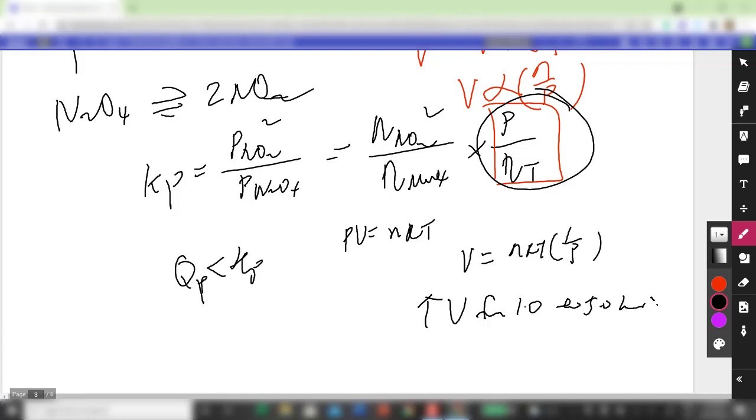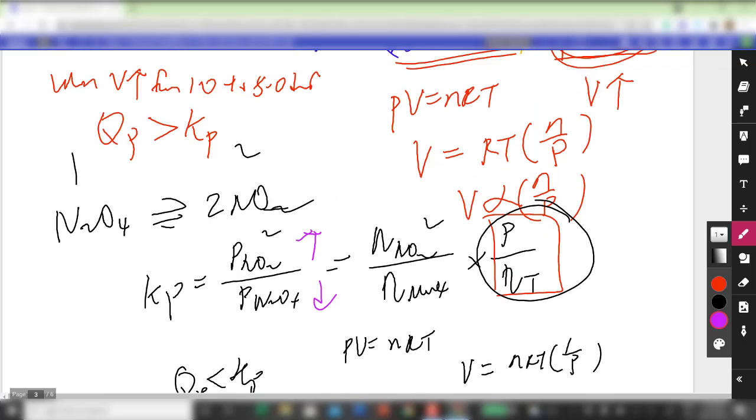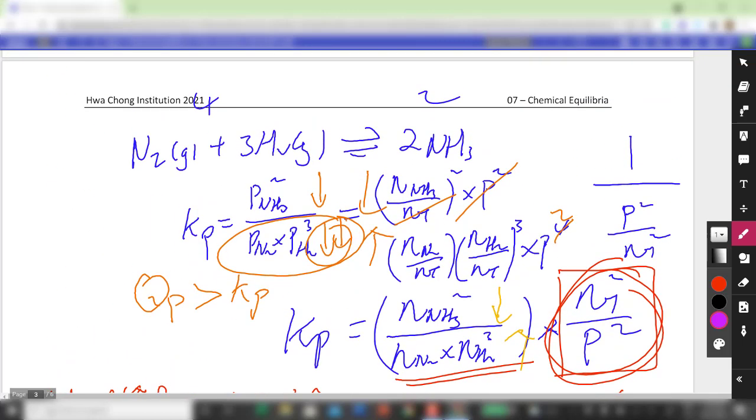So in order for equilibrium to be restored, the numerator value must go up and the denominator value must go down. So in this case, my position of equilibrium will actually shift to the right to restore the equilibrium. It's the same logic as before, except that in this case I have more product than reactant, whereas in the earlier case I have more reactant than products.